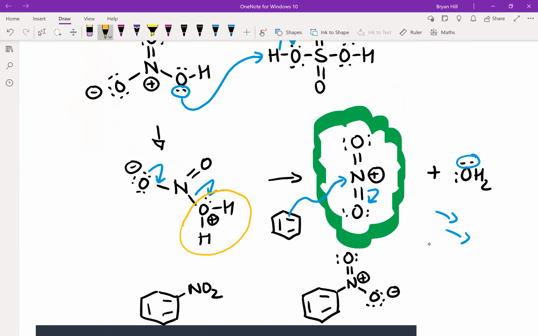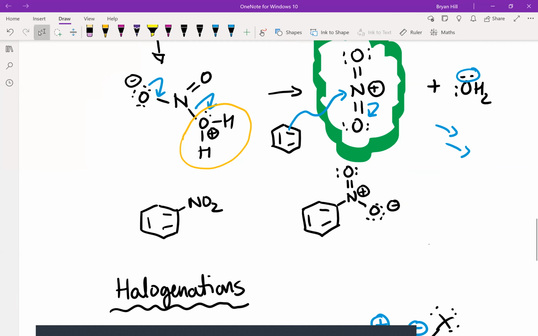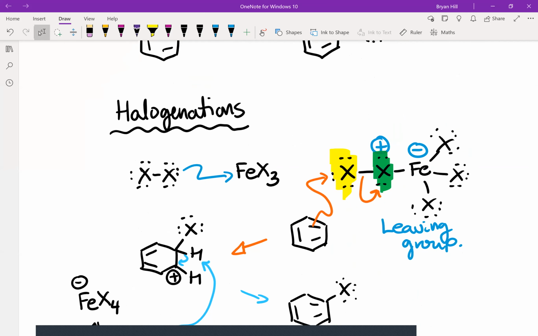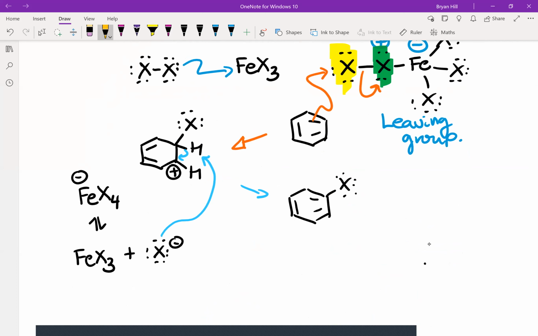Then when the aromatic ring attacks, it's attacking the NO2 plus, the reactive electrophile. With the halogens, it's slightly different because there's no pi bonds in this. We complex between our molecular halide and the iron tri, whatever halide it happens to be. That generates a leaving group and a reactive electrophile the ring can attack. And then you're going to re-aromatize the ring.